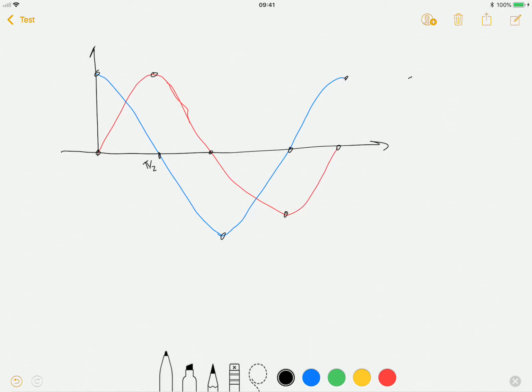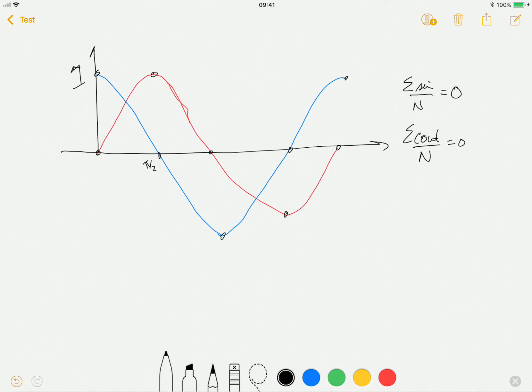Alright, so if we do a sum of sine, that's our red line, omega t, over n, you should find that the total there is equal to 0. And let's look at this. If our amplitude here is 1, then this is minus 1. These intermediate points are 0, so if we sum that up, we'll get 0. And that is the same for the sum of cos omega t over n.